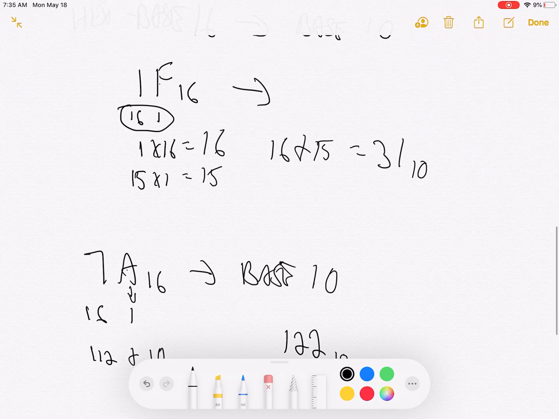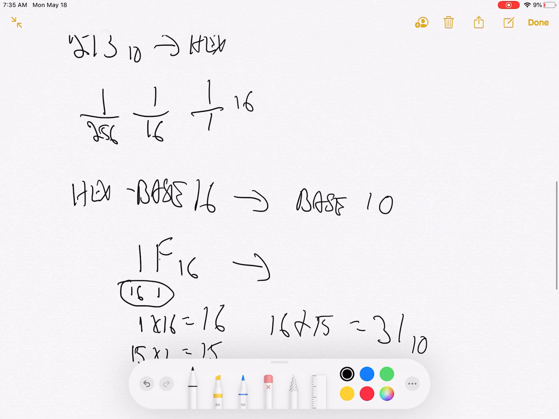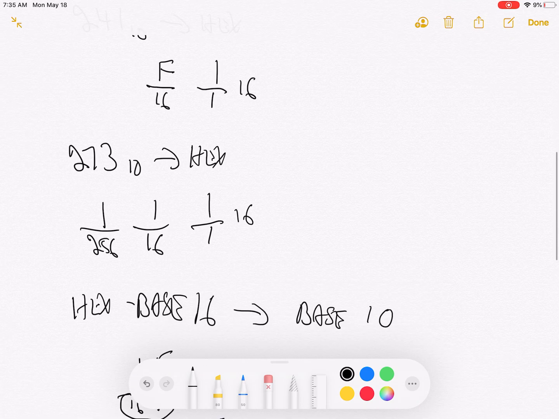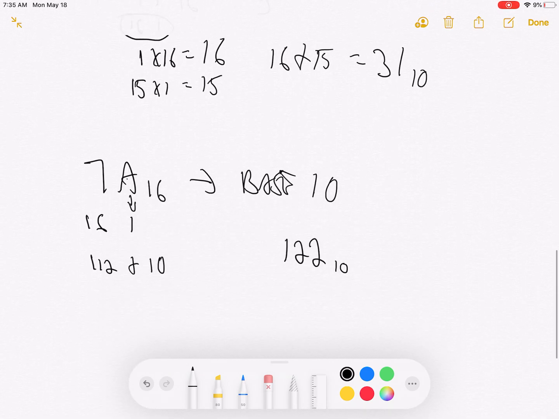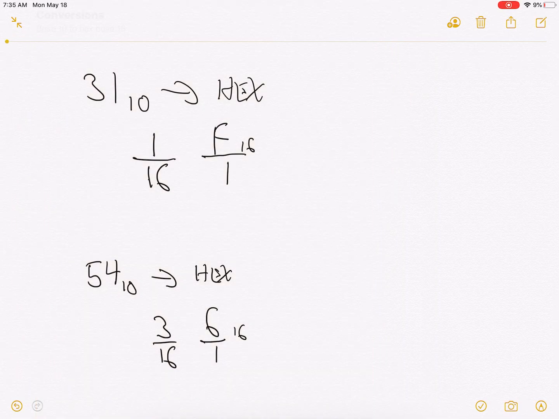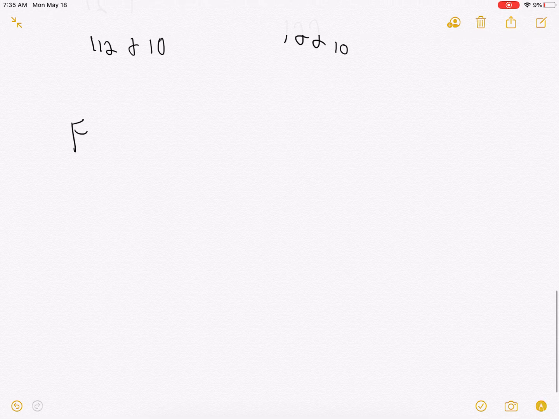Okay, and let's go back here and let's prove, let's take F1. F1 base 16 is equal to what in base 10?